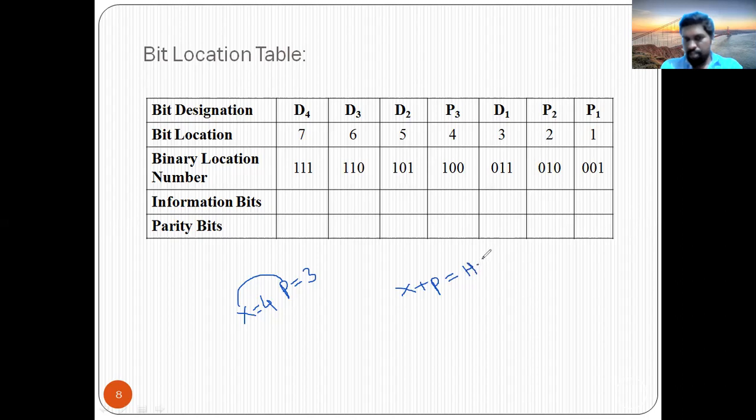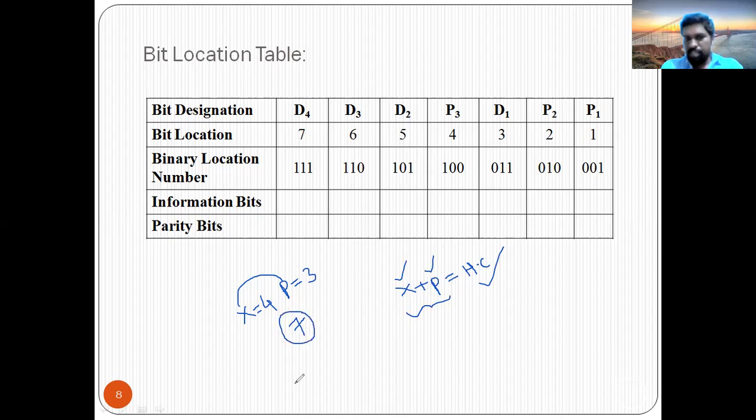Already from the question you can find the value of x, and by the formula 2 power p greater than or equal to x plus p plus 1 you will find p, and when you add these two, you will get the length of the Hamming code. Now what is the length of the Hamming code? 4 plus 3, 7 bits. You should have 7 bits.